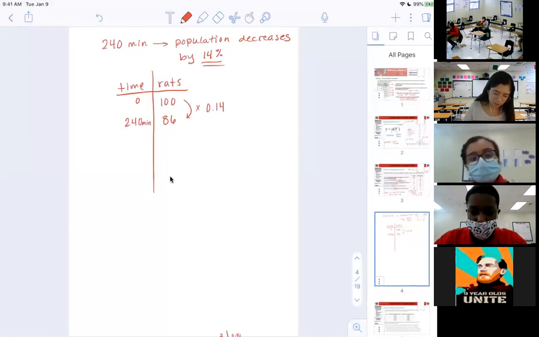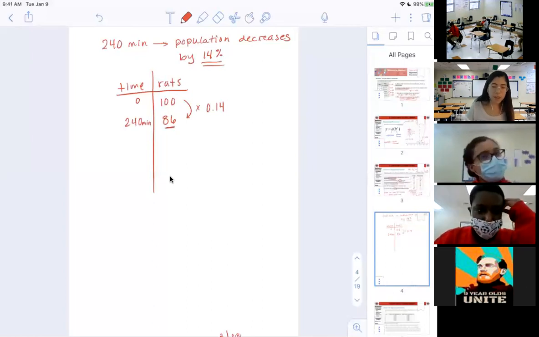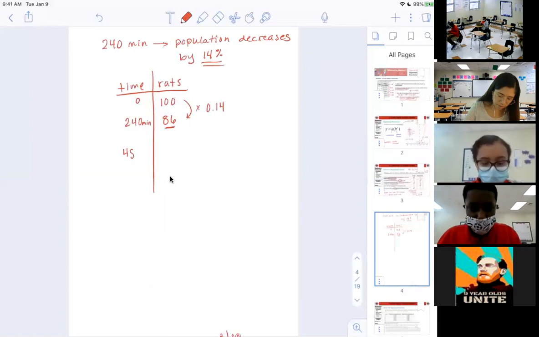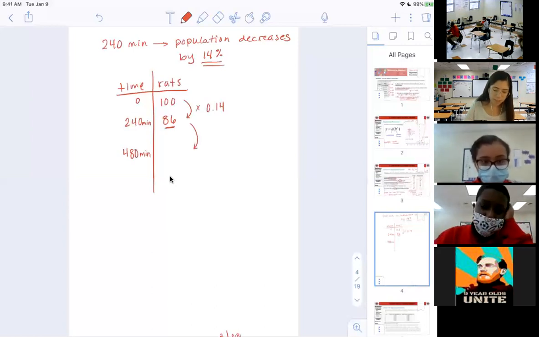Now you start out with 86. So the next time around, after another 240 minutes, it goes down by 14% again, but now you're taking 14% off of 86.